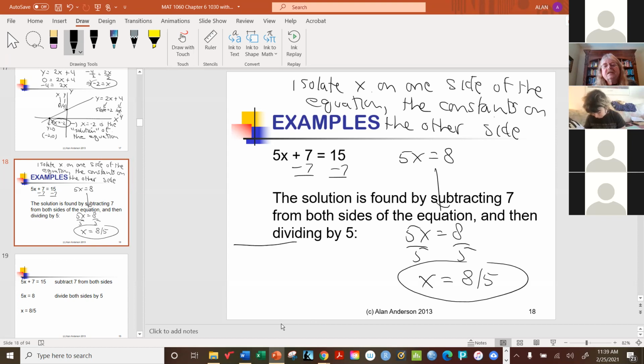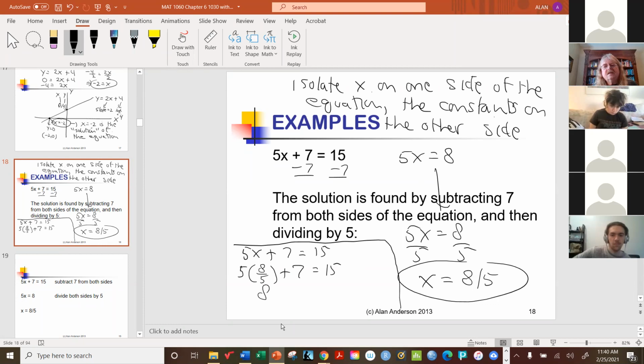And we can double check. Let's do that over here. Just go back to the original equation and plug in 8/5 for x. So this 5 times 8/5 is 8. Oh yeah, that means we must have done it correctly.